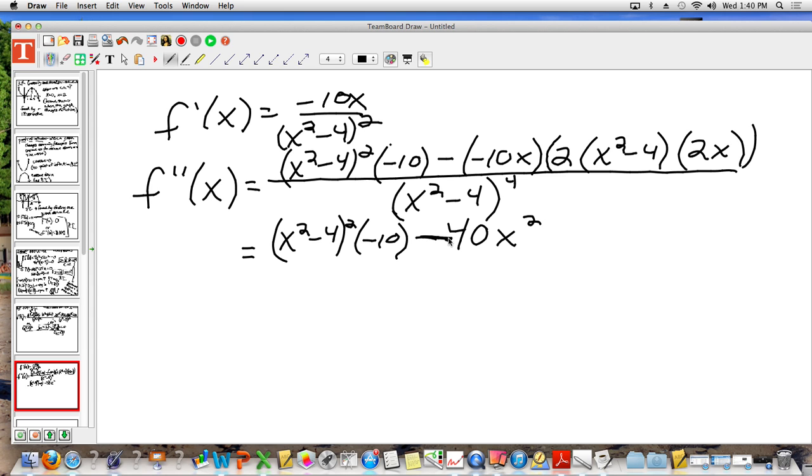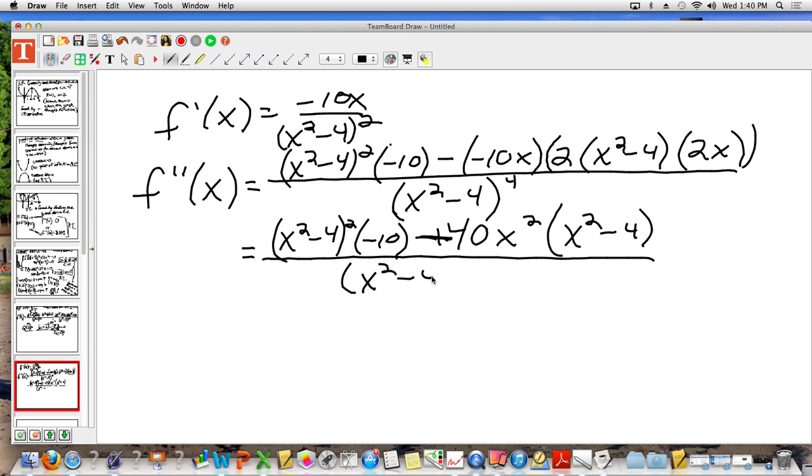So I'm going to make it a positive instead. Plus 40x squared, multiplied by x squared minus 4, divided by x squared minus 4 to the power of 4.